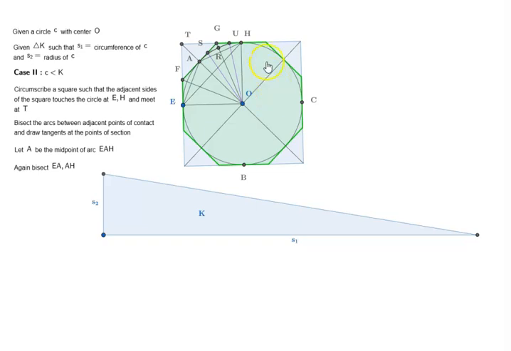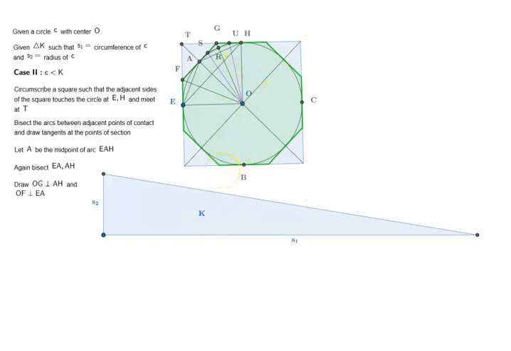So basically what we are doing is constricting the circumscribed polygon towards the circle. And we keep doing this till the difference between the circle and the circumscribed polygon becomes less than the difference between the area of the triangle and the area of the circle.